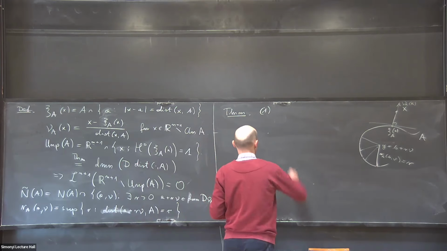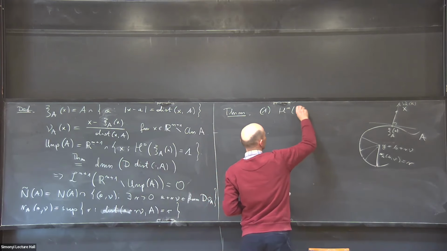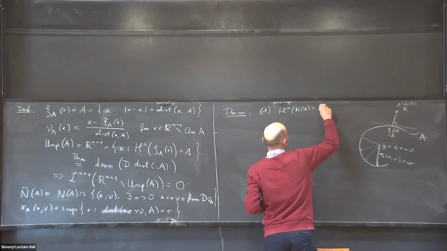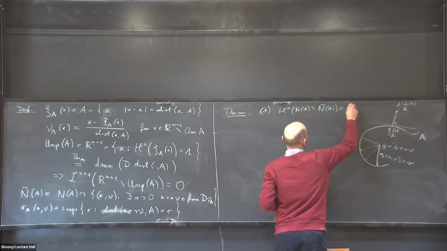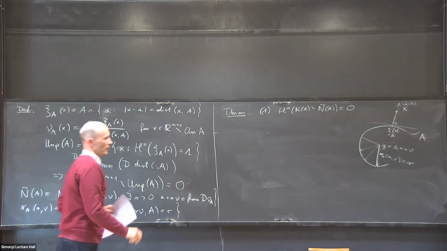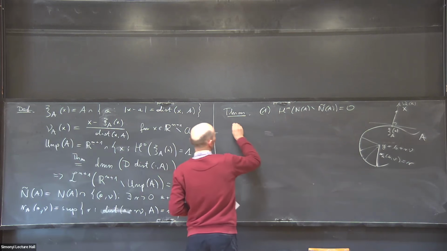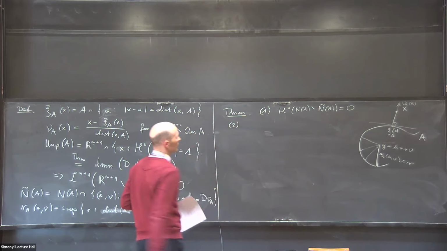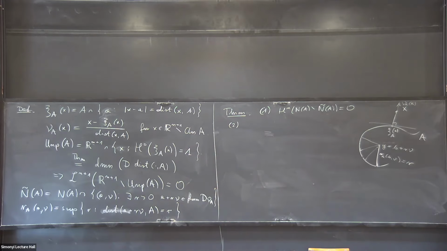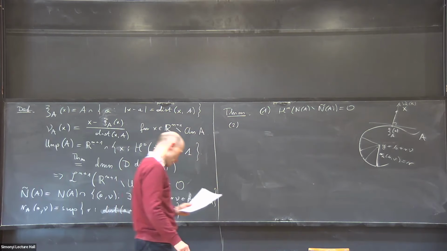And the theorem says that, first of all, n tilde is almost the same as n. It's not exactly visible, but it's a theorem. I won't prove it, but I want to use it.